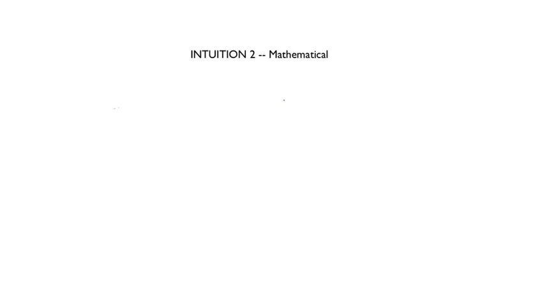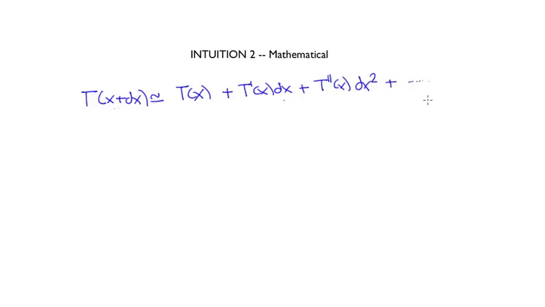Now, you will recall from basic calculus that the value of the objective function, in fact of any function, at a point x plus delta x can be very well approximated by the value of the function at x, plus the derivative of the function at x times delta x, plus the second derivative of the function at x times delta x squared, plus a bunch of higher order terms that are approximately 0 for small changes in the value of x.